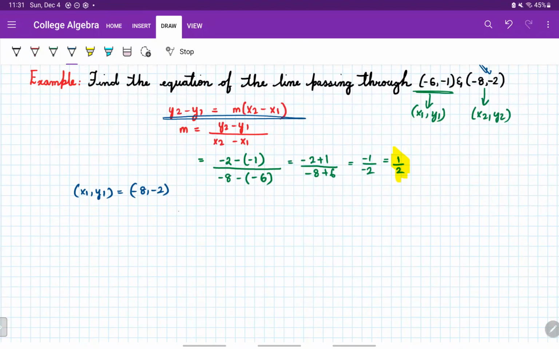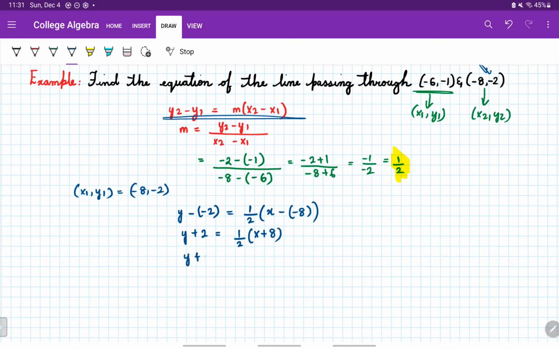So instead of y2, I'll have y, and y1 is negative 2, m is 1 over 2, x2 is going to be x, and x1 here is negative 8. So I get y plus 2 equals 1 by 2 times x plus 8.